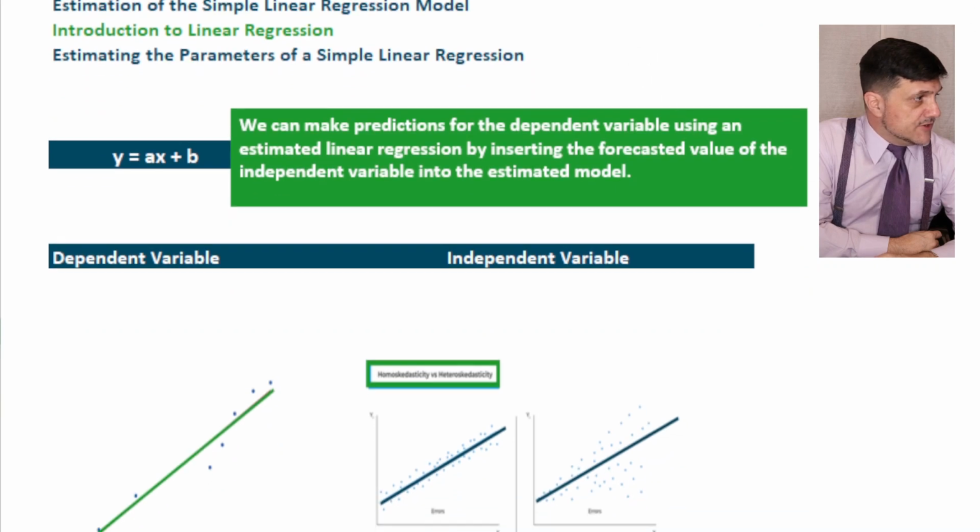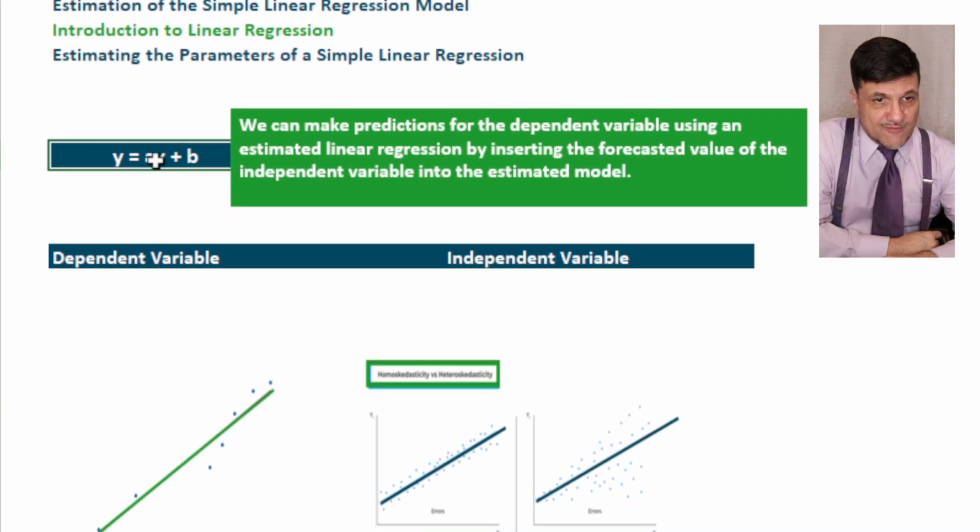Continue here. I put here a basic format of a linear regression, a simple regression. Simple because there's only one x variable, one independent variable. If I had multiple independent variables, then I would have a multiple regression. Can you think of a single regression model in real life?